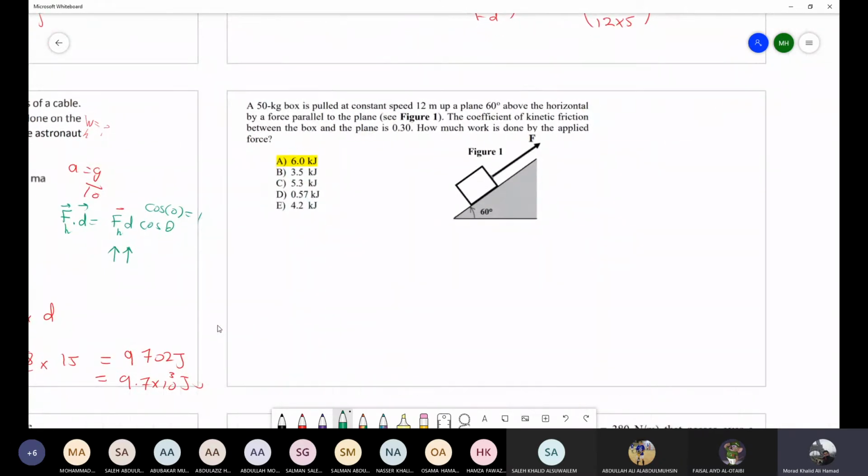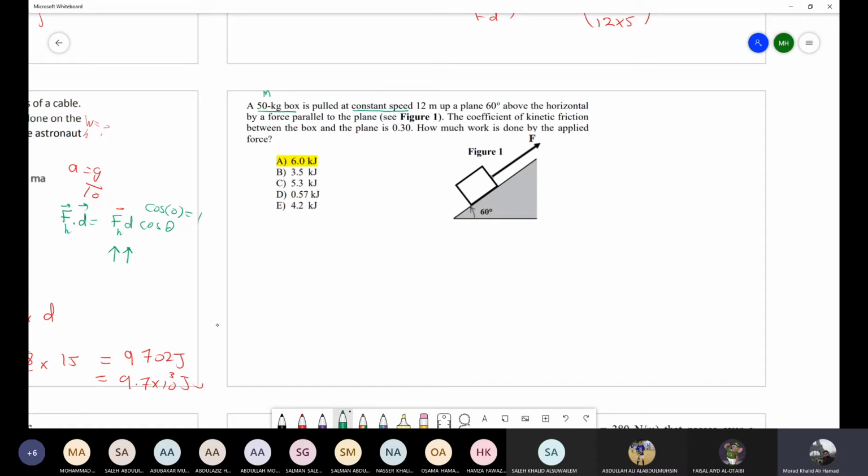Okay, here is another common question. We have a 50 kilogram box. If you understand this question, you will be understanding chapter 5 and chapter 6 and chapter 7. Such questions explain or summarize chapters 5, 6 and 7. We have a box of mass 50 kilograms pulled at constant speed.